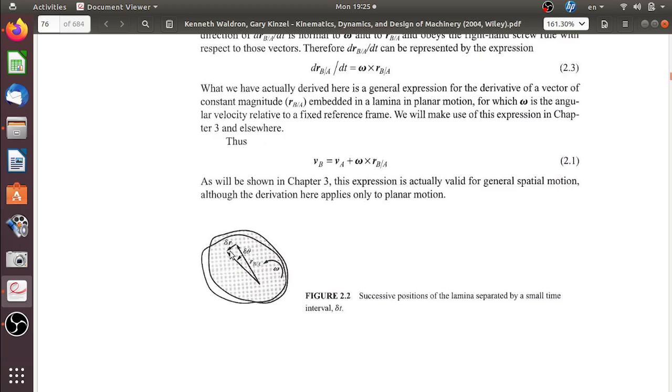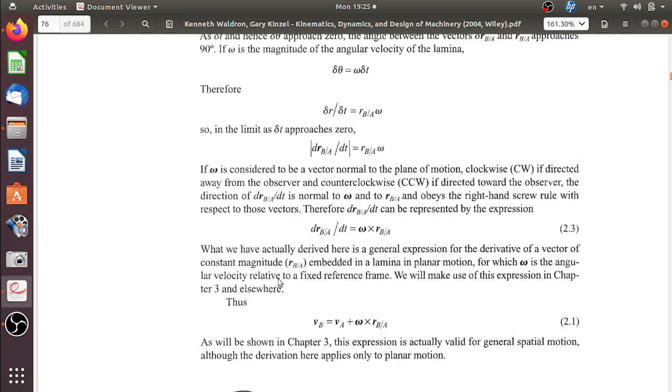It will be in this direction if omega is counterclockwise, and in the opposite direction if omega is clockwise. With that understanding, we can write dRB/A by dt, which is a vector, equal to omega cross RB/A.